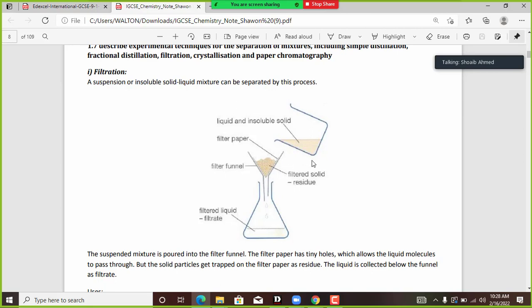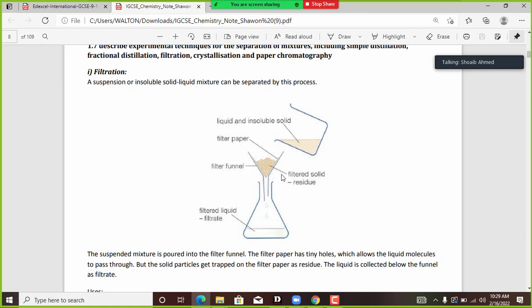Suspension, or an insoluble solid-liquid mixture, can be separated by filtration. In a filtration process, what is required? This is a beaker, this is the funnel, this is a conical flask. You take the liquid and insoluble solid in a beaker, then you add a funnel and filter paper.